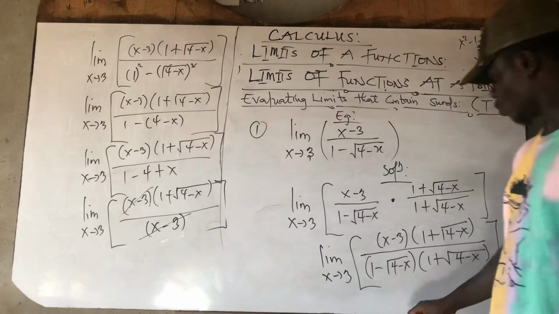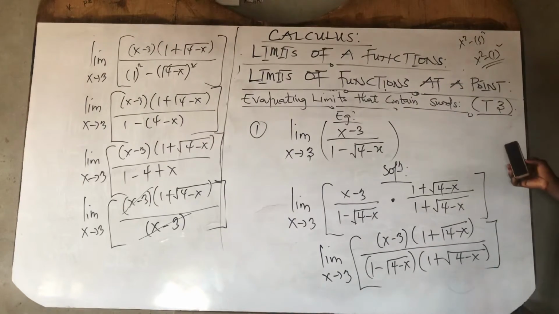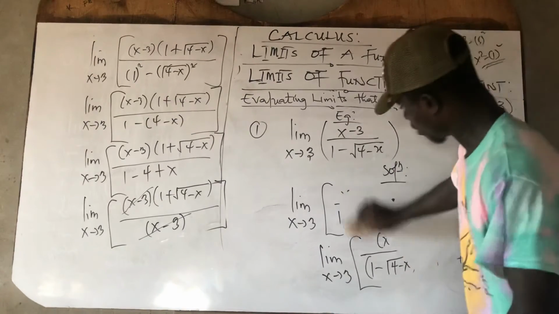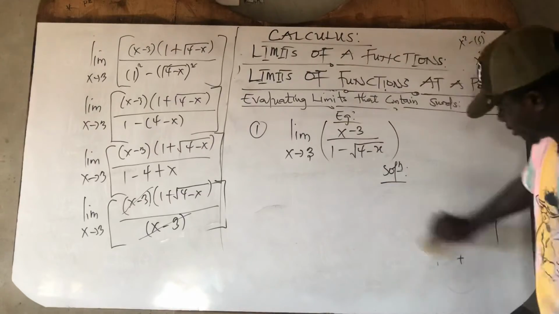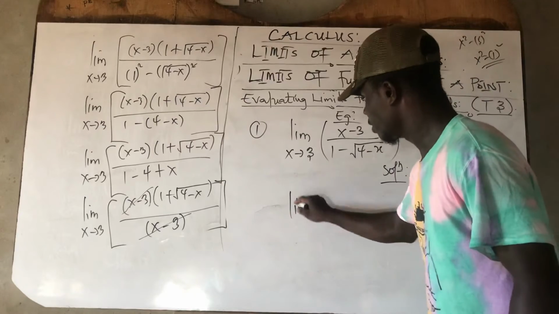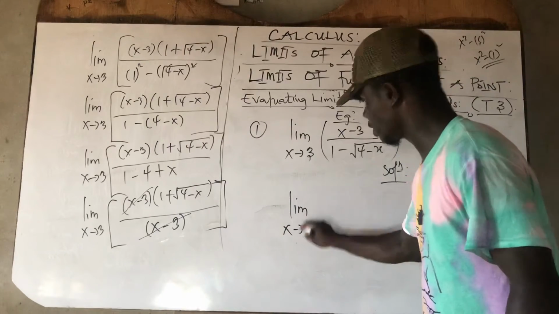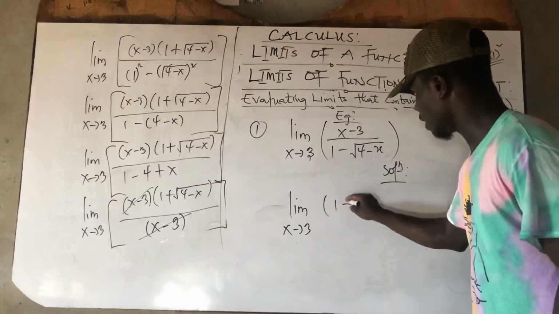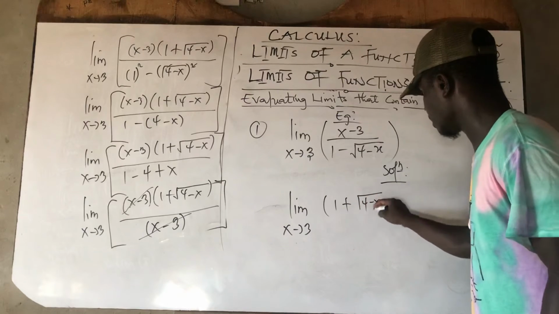Okay. So I can continue here. It's very simple. So we can continue here and do the limit as x approaches 3 of 1 plus square root of 4 minus x.